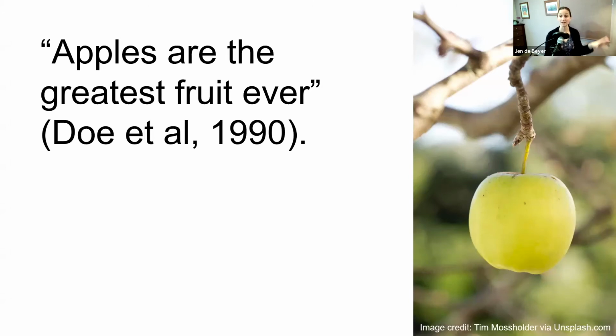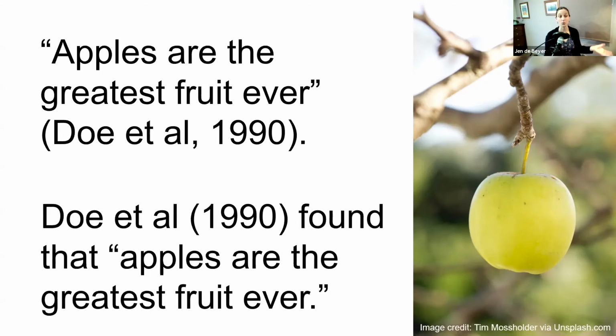I can do it that way as a standalone sentence, or I could also thread it into a sentence and say, Doe et al. found that apples are the greatest fruit ever. Again, I have put their words into quotation marks. And this amount of text is generally going to be fair dealing, right? Unless there are instances where it wouldn't be.